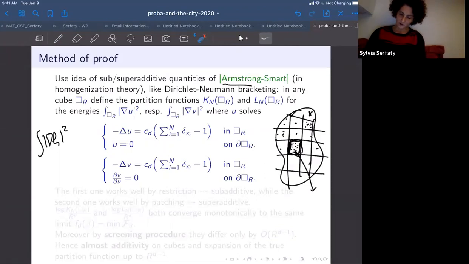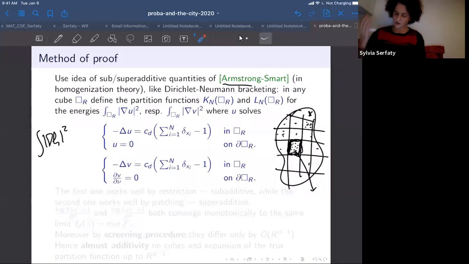Well, you want to compute energies again in the same form as that, integral of grad u squared or integral of grad v squared. But now we'll restrict to a cube. And one of them we solve with Dirichlet boundary conditions. So it's the same equation, right? Minus inverse Laplacian of blah, except we solve with boundary conditions. And this one's with 0 Dirichlet, this one's with 0 Neumann.